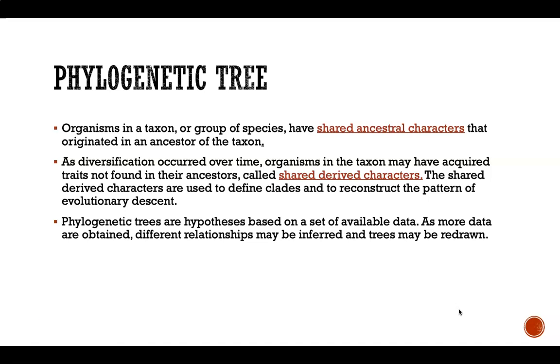So these phylogenetic trees are going to be hypotheses based on whether or not organisms have shared derived characteristics. Now it's a hypothesis because they can change over time depending on what traits you actually use, which characteristics you're looking at, and any new information that comes up. So as DNA evidence or protein evidence comes up, you can also use that to refine the phylogenetic trees.